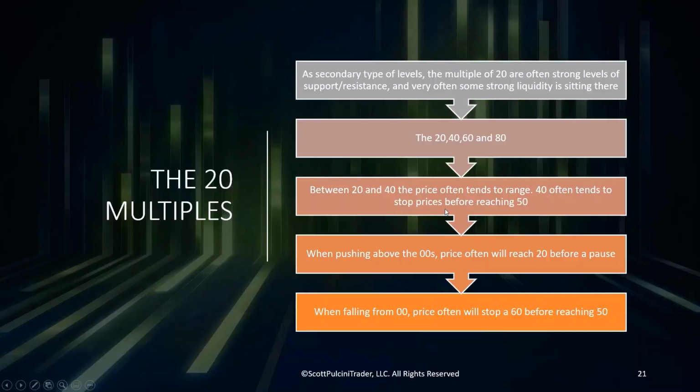Okay, and the 40 level tends very often to be a resistance level coming from below, before the price reaches the 50. So if the price comes down, say from the round numbers, and then wants to go up to the 50, the 40 will very often be a very strong level of resistance, and it will pause the price momentarily before reaching the 50.